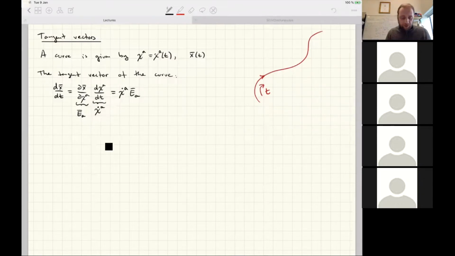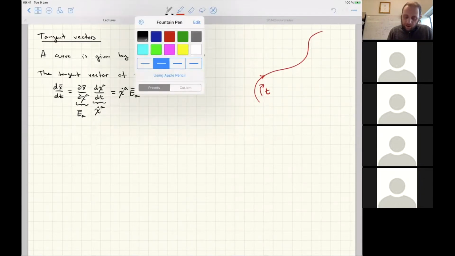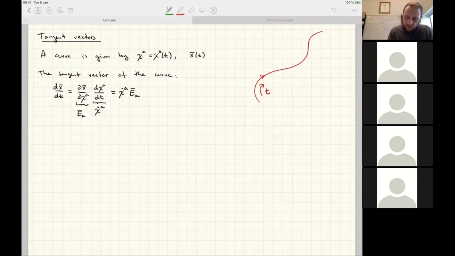So for any curve, the contravariant components of the tangent vector are the derivatives of the coordinates with respect to the curve parameter. So these are the components of the tangent vector.